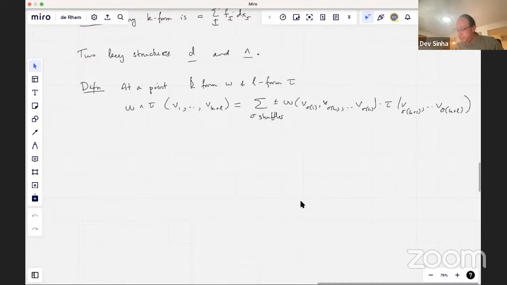So an example: if omega and tau are one-forms, then the formula is just omega wedge tau of V1, V2 equals omega(V1) tau(V2) minus tau(V1) omega(V2).